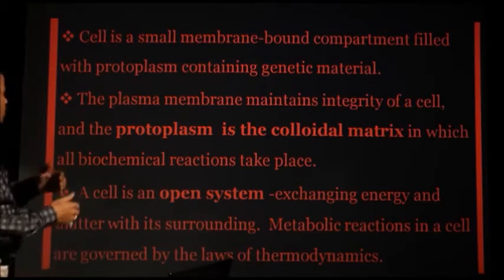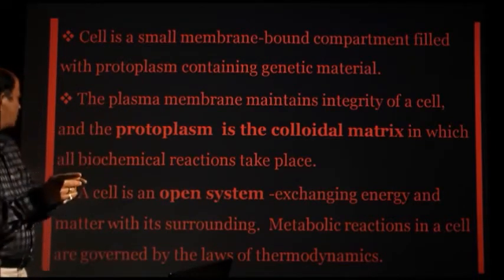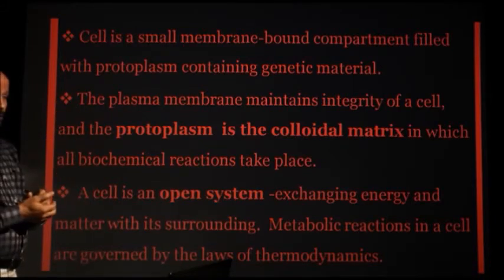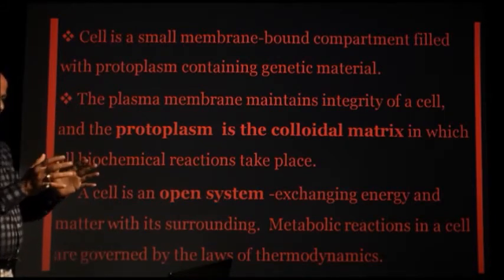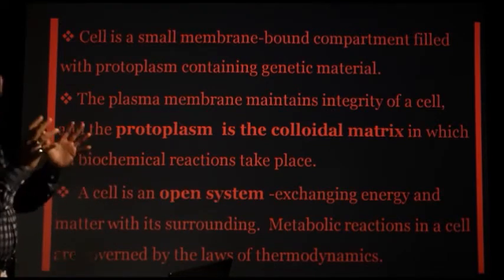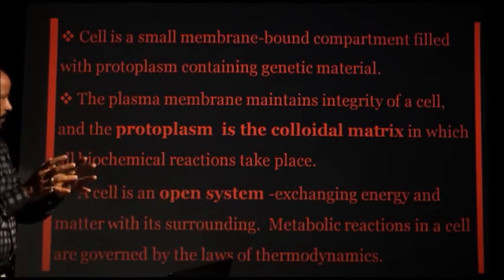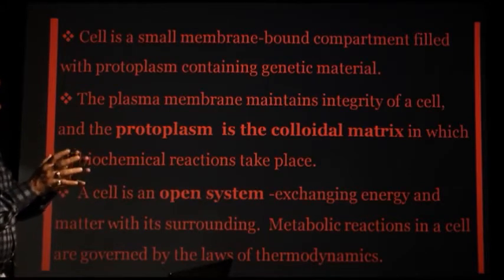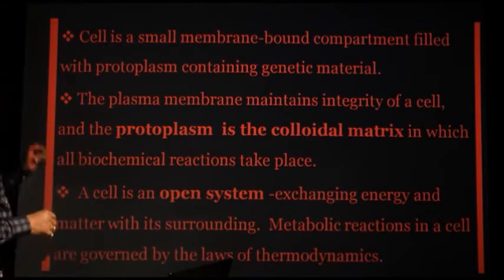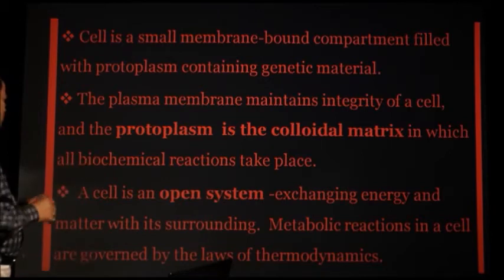The plasma membrane that surrounds the cell maintains the integrity of a cell. A cell must have its own boundary, the plasma membrane. It encloses the protoplasm, the physical basis of life as proposed by Huxley, where all the biochemical reactions of life take place.